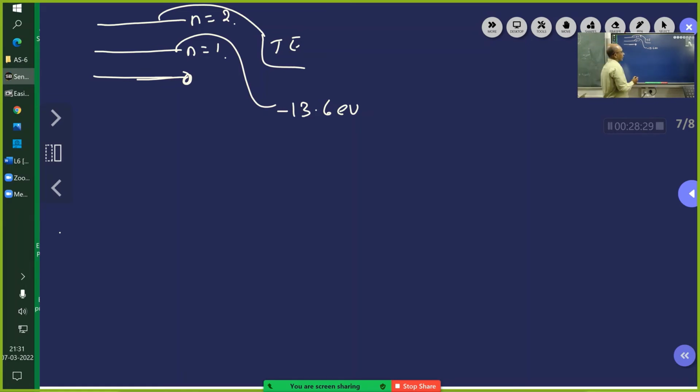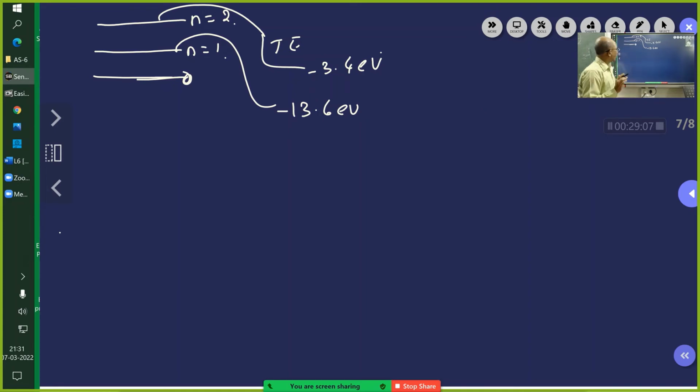Minus 13.6 by 4, is it not minus 3.4 electron volt? Generally for the hydrogen atom, level 1 is minus 13.6 and level 2 is minus 3.4, correct?